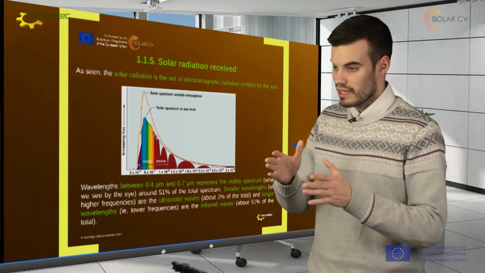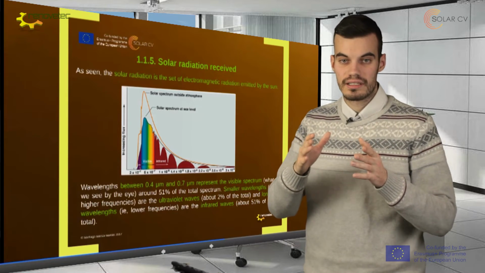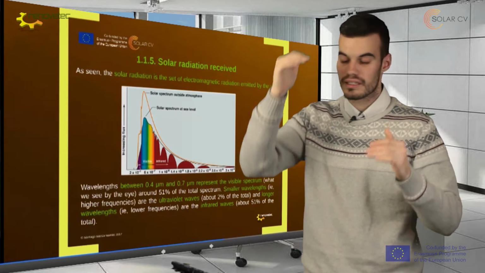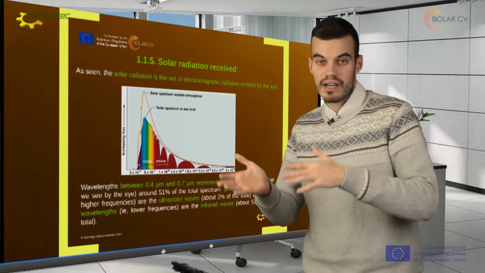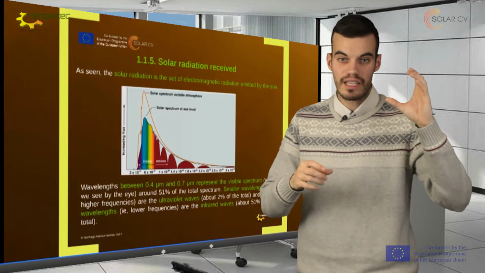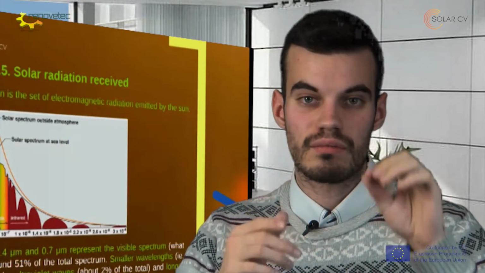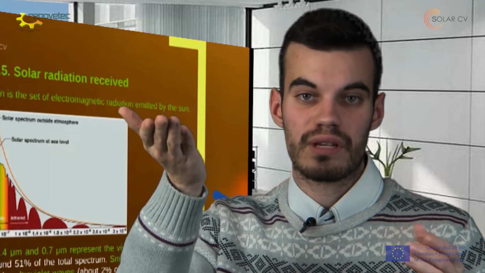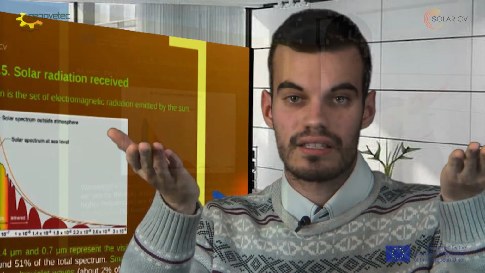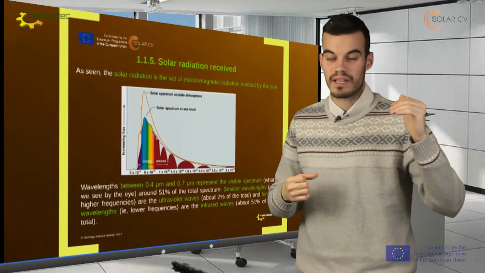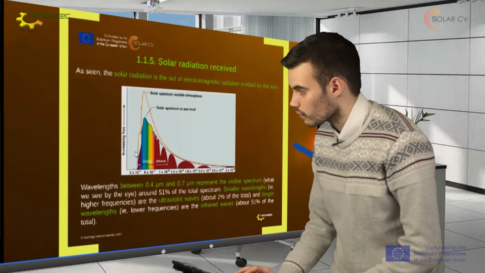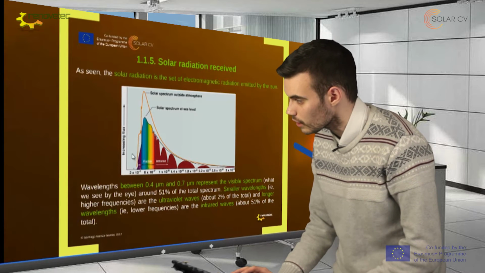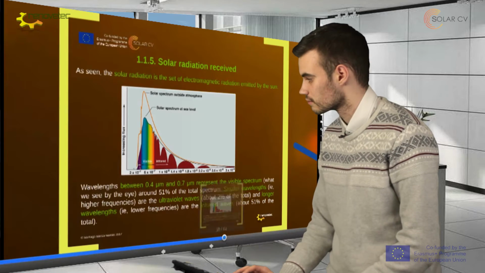So if the speed of light is a constant, for lower frequencies we are going to have higher wavelengths, and on the other hand we have that the energy is equal to h multiplied by f. If we have higher f, we are going to have higher energies, so we need lower wavelengths. For that reason, we are going to catch this visible spectrum and this ultraviolet spectrum.